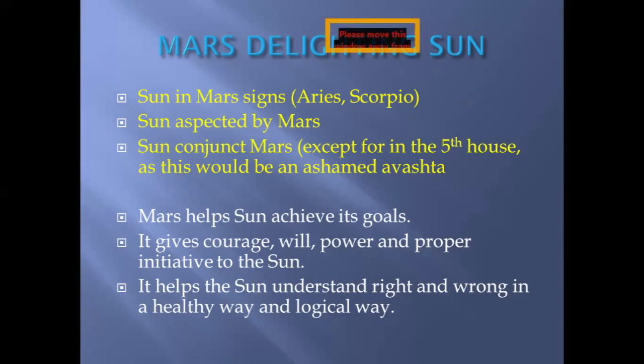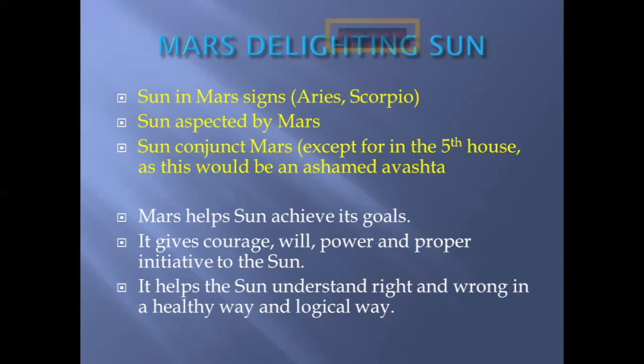Again, what happens when Mars is delighting the sun? Well, Mars is the planet of logic, it's the planet of taking right action, of taking proper action, and that's very logical as well. So Mars is going to help the sun achieve its goals through proper action.